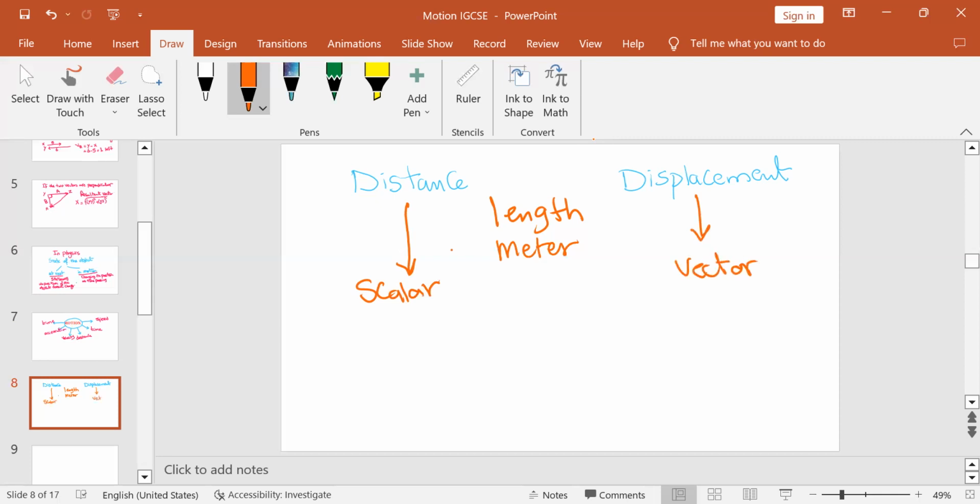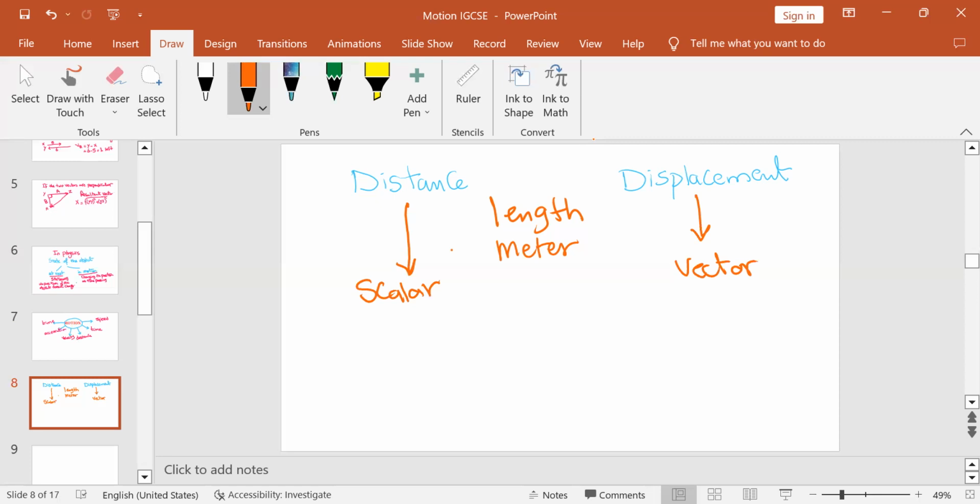Do you remember the difference between scalar and vector? Scalar is defined by magnitude, and vector is defined by magnitude and direction. Excellent.